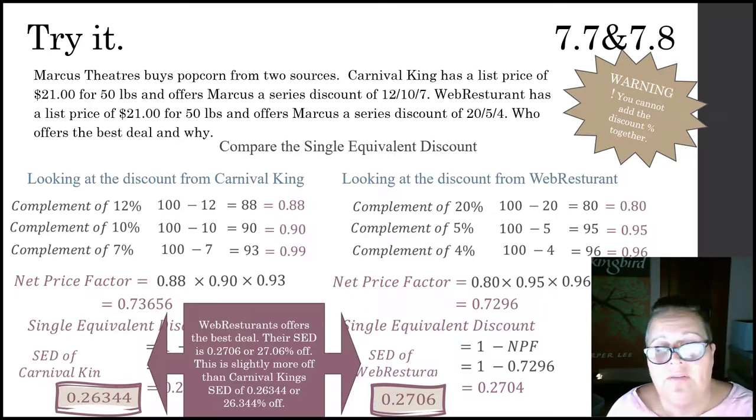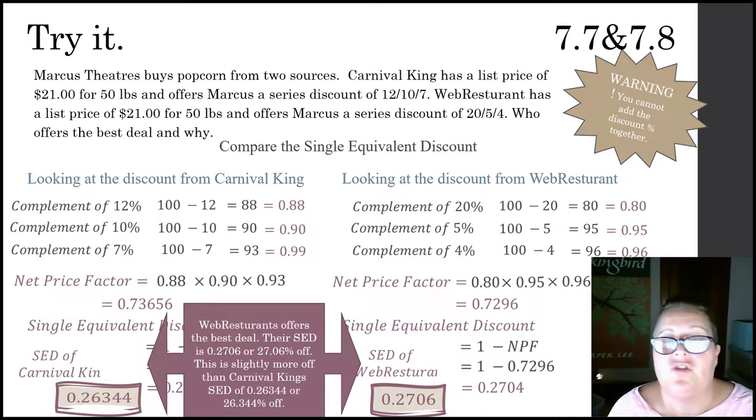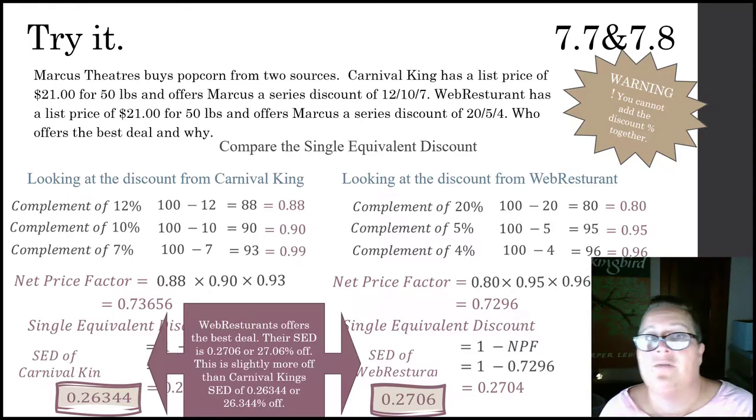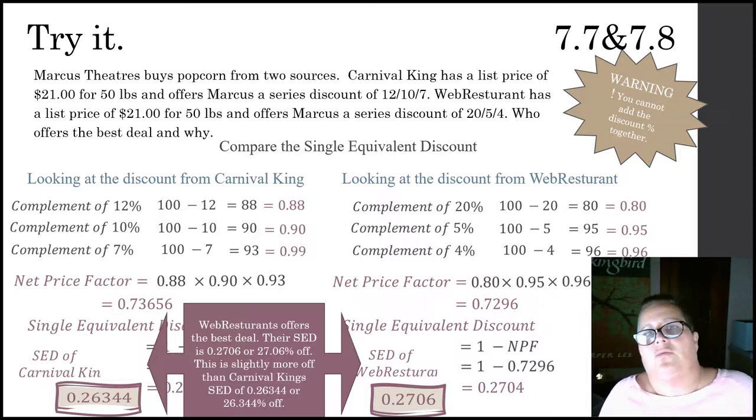But for Web Restaurant, the net price factor, the percent you pay, is just under 73%. Since you pay less, just under 73% with Web Restaurant, we still get an answer of Web Restaurant is the better deal, but our reasoning changes from because they give a bigger discount to you pay a little bit less overall.